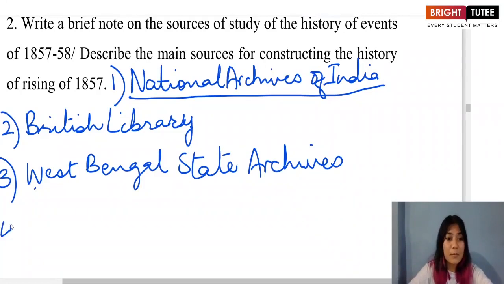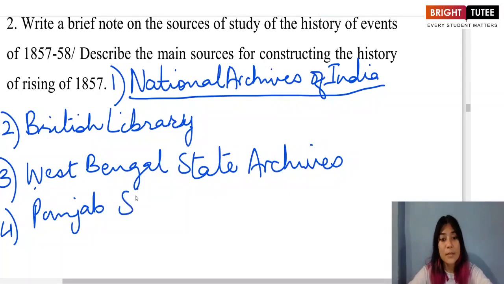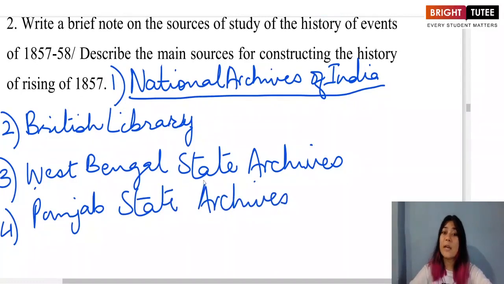Number 4 is the Punjab State Archives. Just like the state archives in West Bengal, the Punjab State Archives also has papers and documents related to the revolt of 1857.